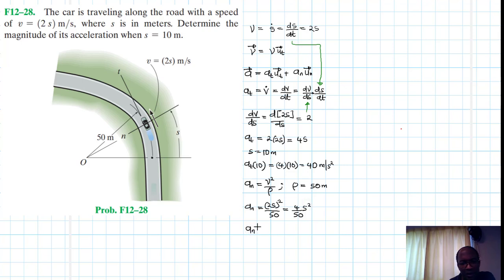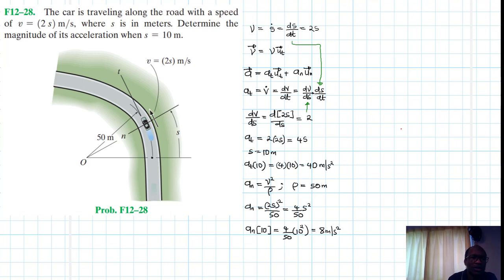And then a_n at s equal to 10 is just going to be equal to 4 divided by 50 times 10 squared. So this gives us 8 meters per second squared.